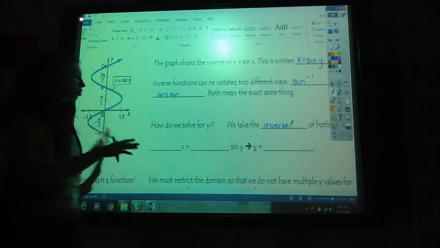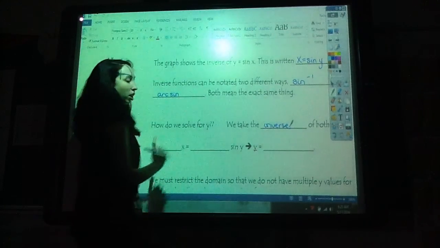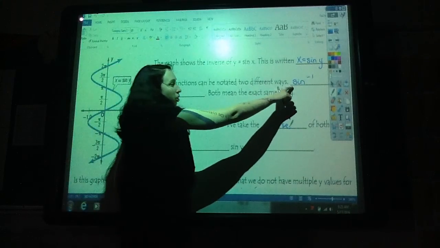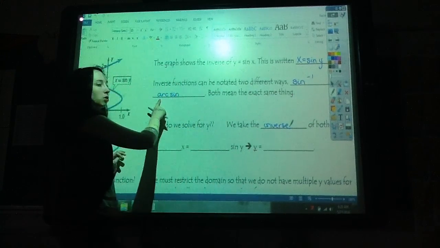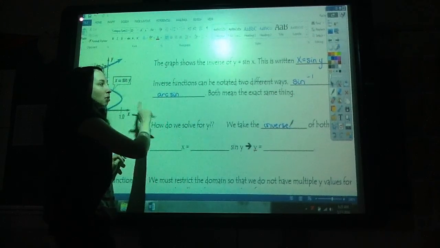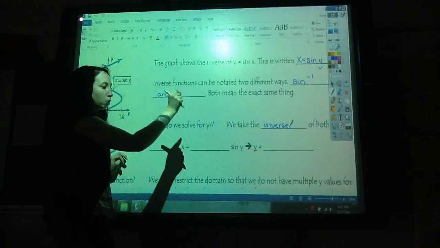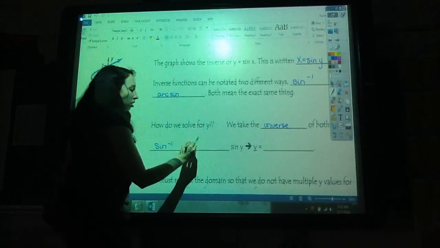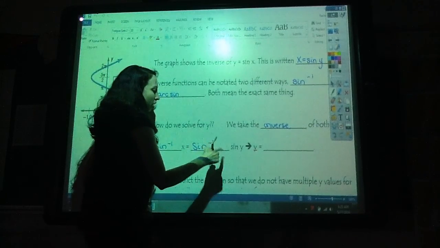So, we start with x equals sine y. That's what we had up front. Now, I'm going to use this notation primarily, but please don't be shocked if you see this one. I'm going to take the inverse sine of both sides. So I'm going to take the inverse sine of x and the inverse sine of sine y.